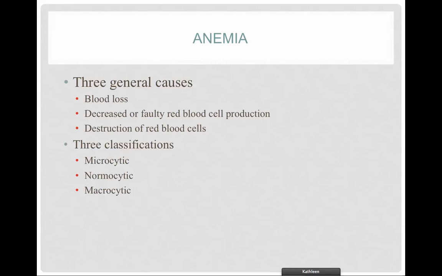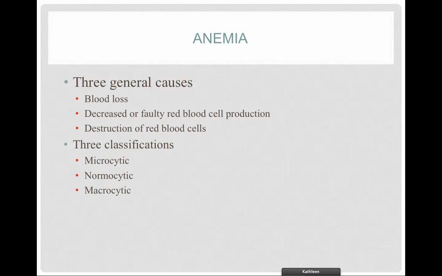Hemolytic anemia is also due to G6PD deficiency, which is genetic, and an inappropriate attack of the immune system, such as Rh incompatibility. Hemolytic anemias can also be caused by infection, such as malaria, or certain chemicals or toxins.